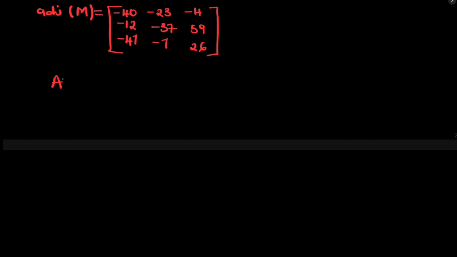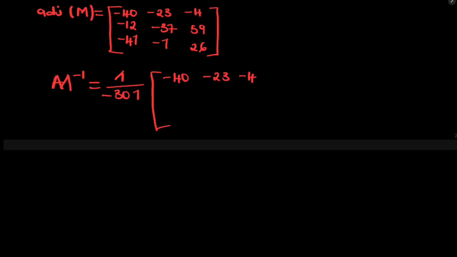Now the inverse of M finally is 1 on the determinant. The determinant was minus 301, times the adjoint: minus 40, minus 23, minus 4; minus 12, minus 37, 59; minus 41, minus 1 and 26.